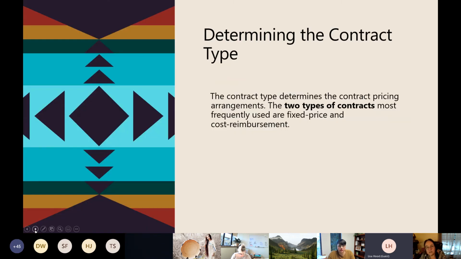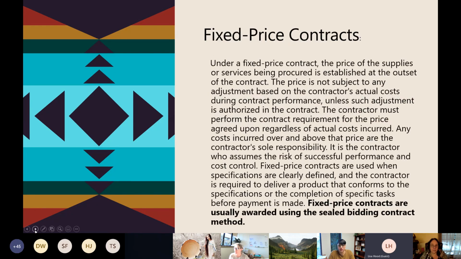So determining the contract type determines the contract pricing arrangement. The two types of contracts most frequently used are fixed price and cost reimbursement. Under a fixed price contract, the price of supplies and services being procured is established at the outset of the contract.